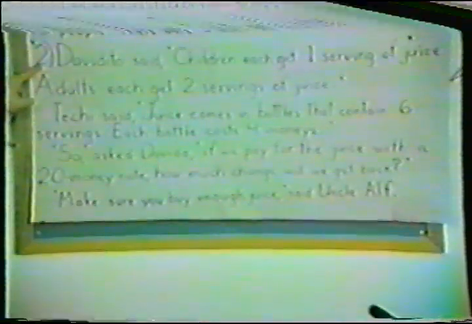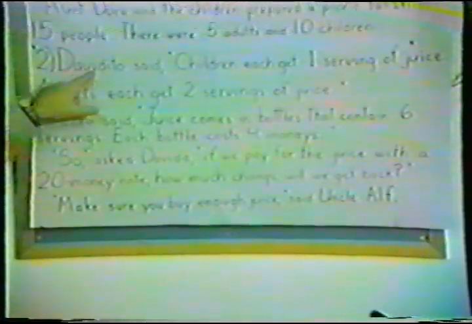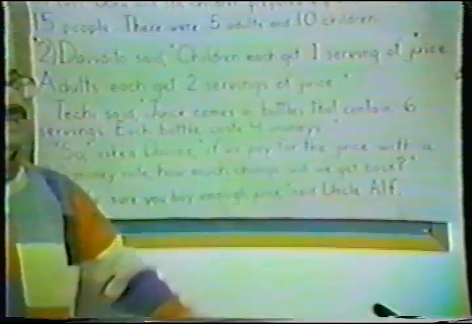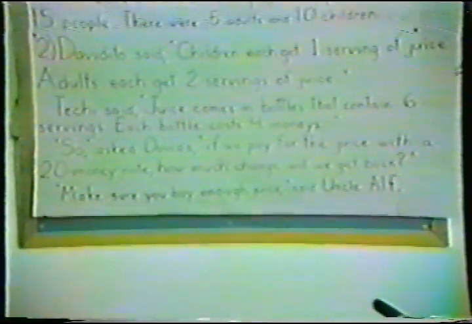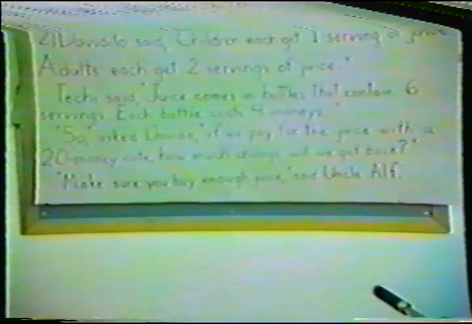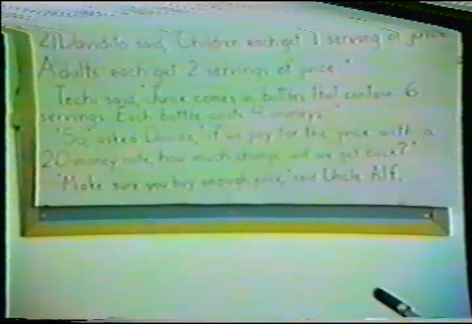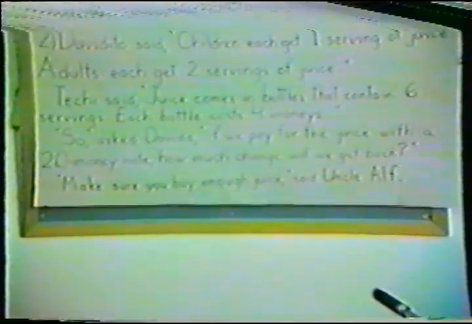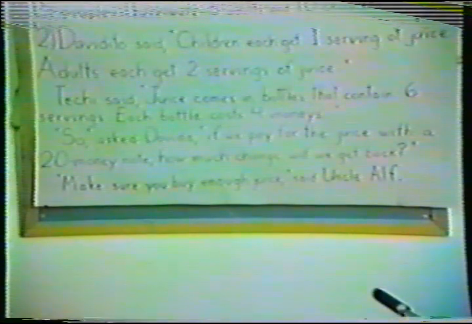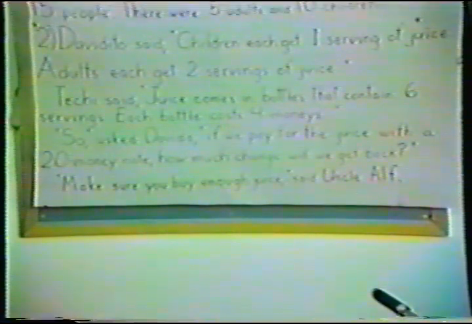Problem number 2. Davidito said, children each get 1 serving of juice. Adults each get 2 servings of juice. Tetchy said, juice comes in bottles that contain 6 servings.